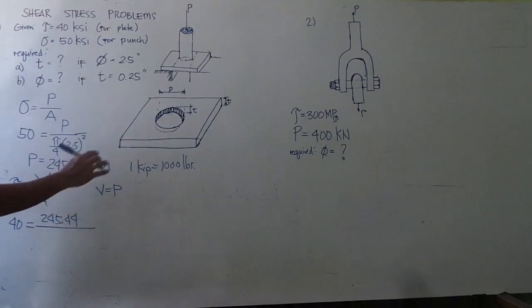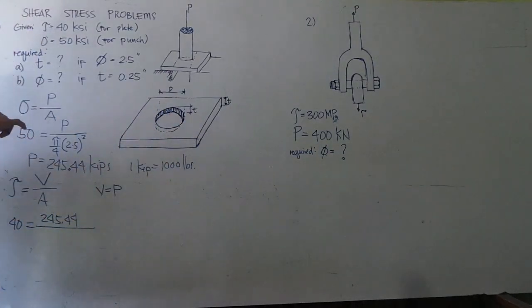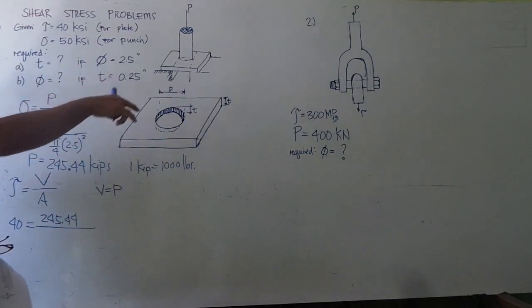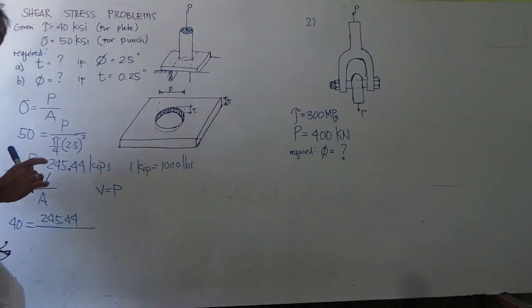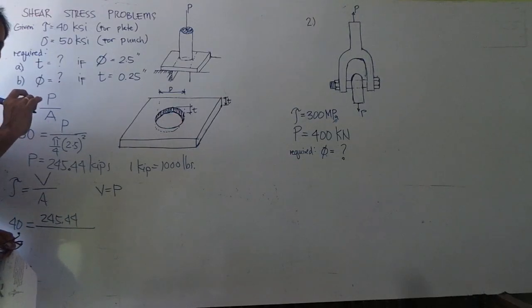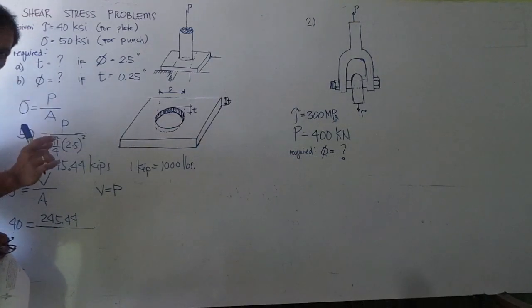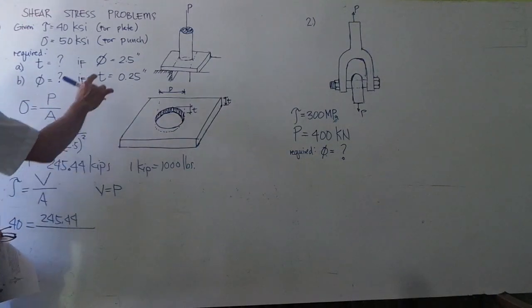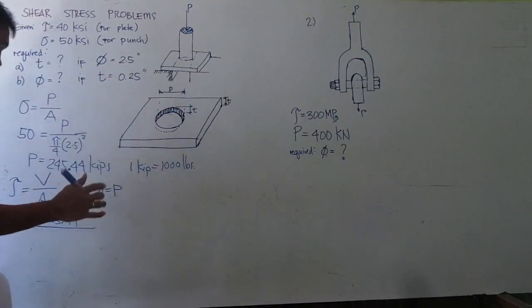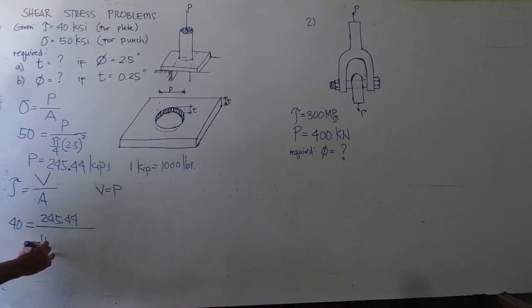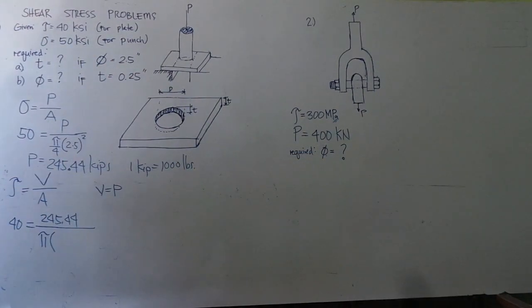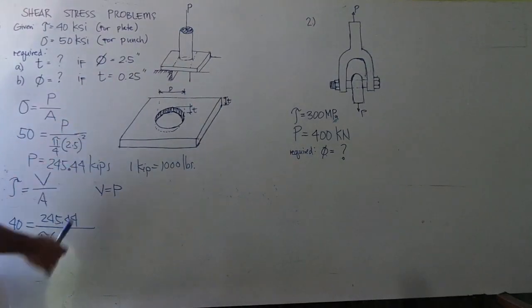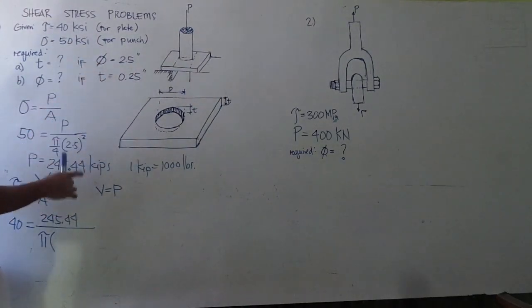But the area now is the area of this one, which is the circumference, pi d, or 2 pi r. But the given here is the diameter, so just pi d. The symbol d is the diameter.